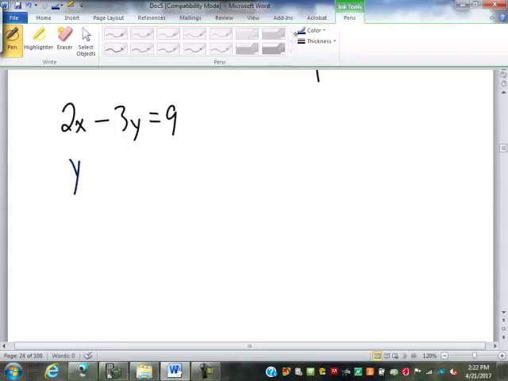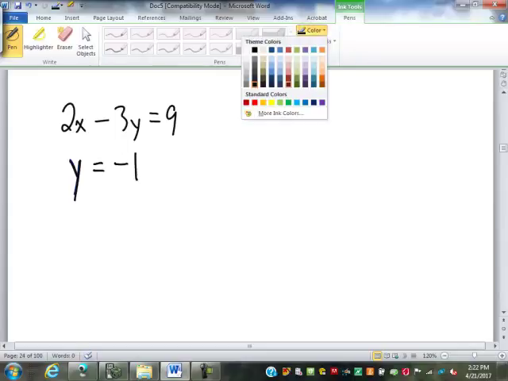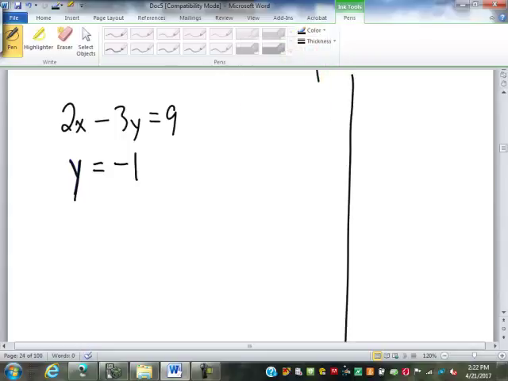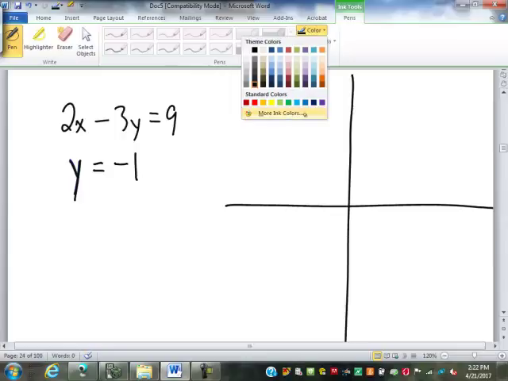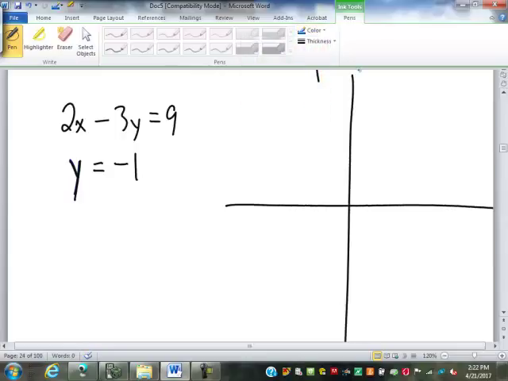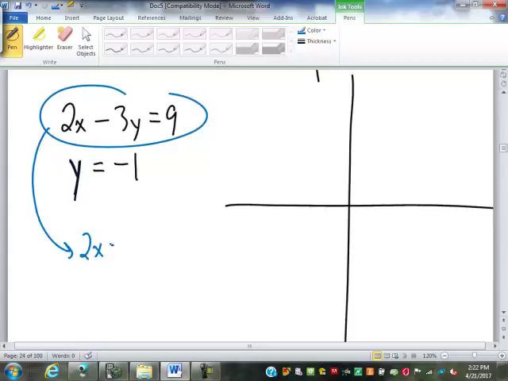And y equals -1. So I need to graph each of those equations. Let's start out with that top equation. I have to rearrange it. I have to solve for y.